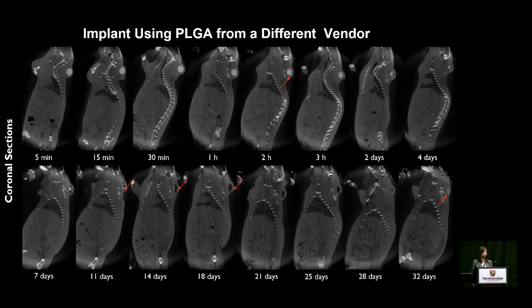And then after 14 days, there's a whole void space in the core of the implant. And then eventually it collapsed into a smaller implant, almost gone. So it looks like it has even faster phase inversion compared to the other polymer that we used before. So the polymer properties do impact the implant formation and the subsequent drug release, as expected.